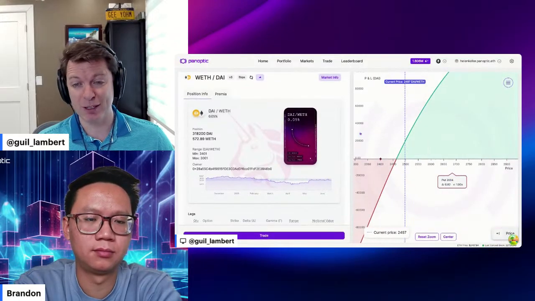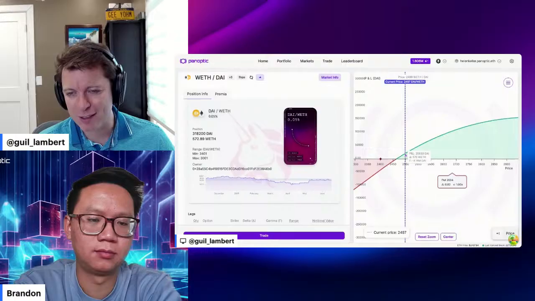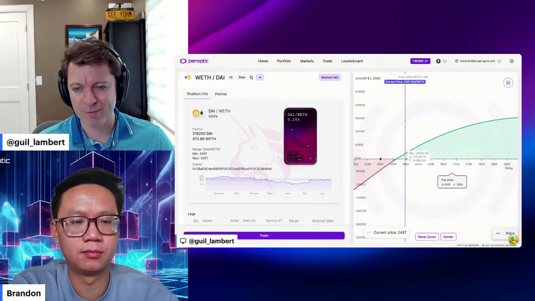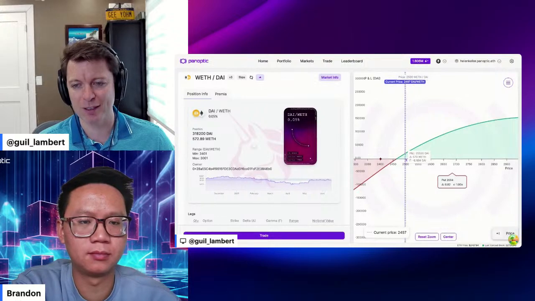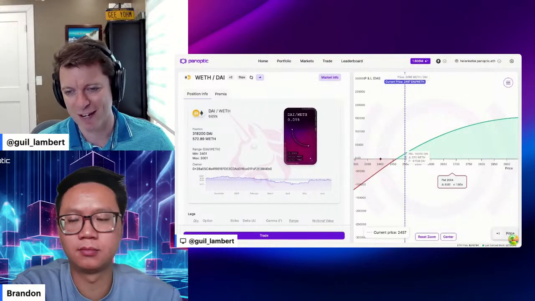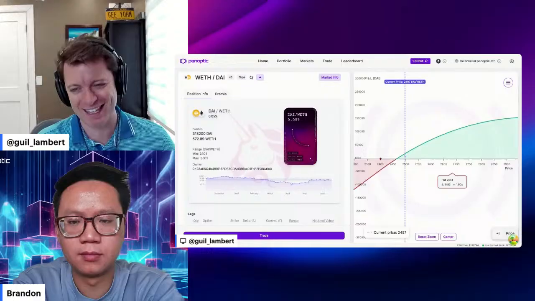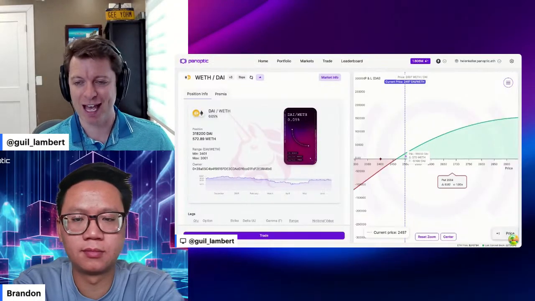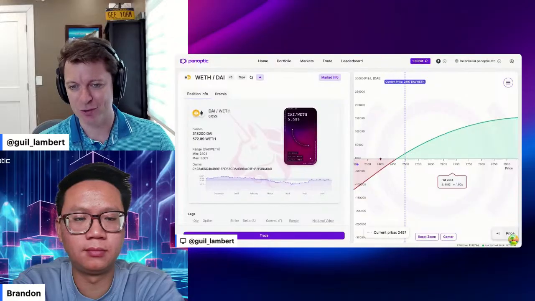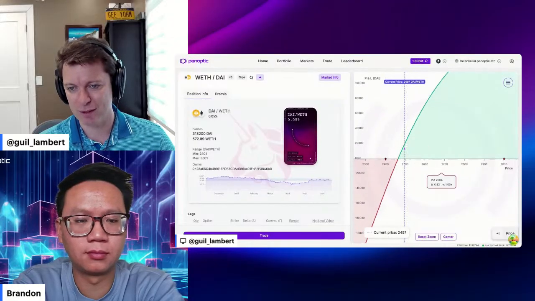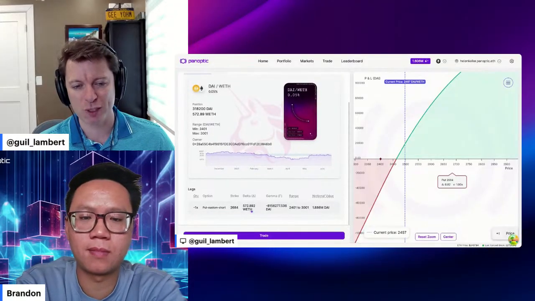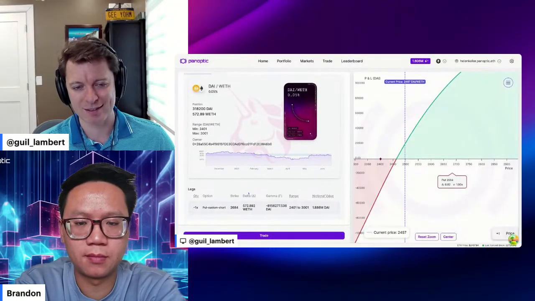There might be a lot of things going on, but the slope is your delta. And if you look here, we do show the slope in the tooltip. It shows 580 or 570 ETH. This is how much exposure you have at this price because you have kind of an LP position. On that chart, it shows 570 ETH. We also show it here on the legs table, 572 exactly at the current price.